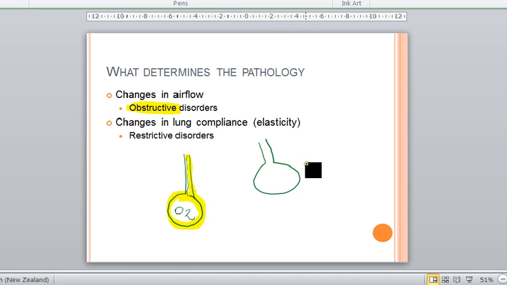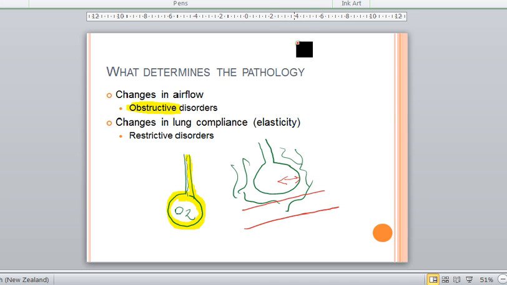What about lung compliance or loss of elasticity? We do have the alveoli, but we do have matrix around the alveoli, other types of tissue that fill in the gaps between the alveoli and the vessels of our lungs. This is called the lung parenchyma, and this has to be very elastic because the alveoli have to move in and out, inflate and deflate with the movement of the lung.